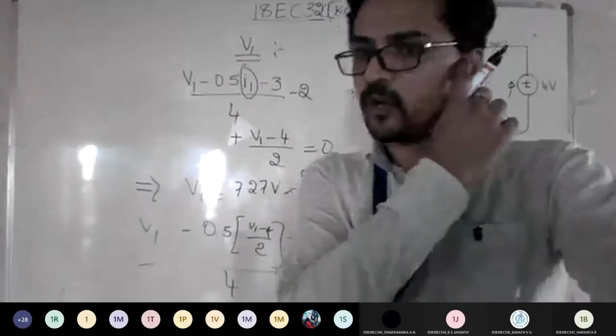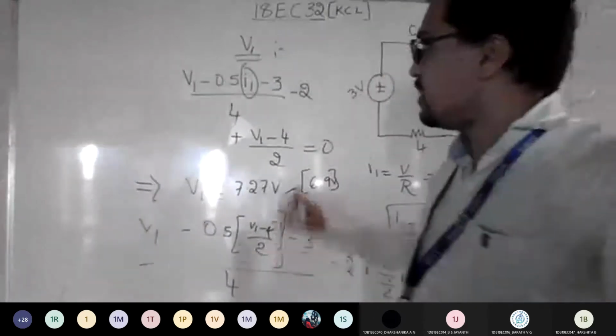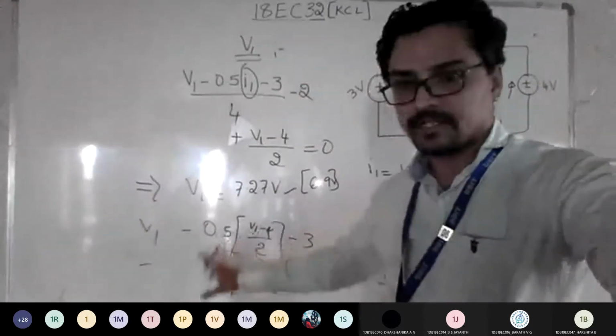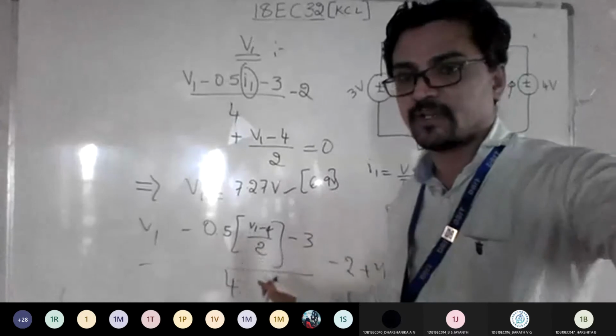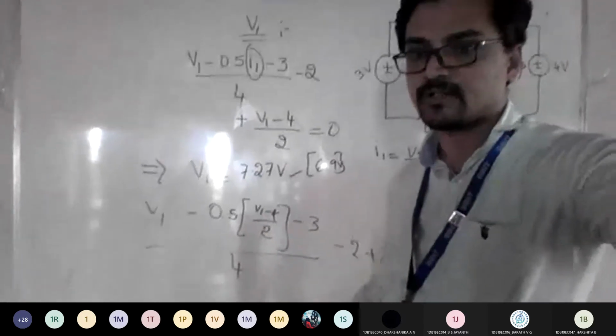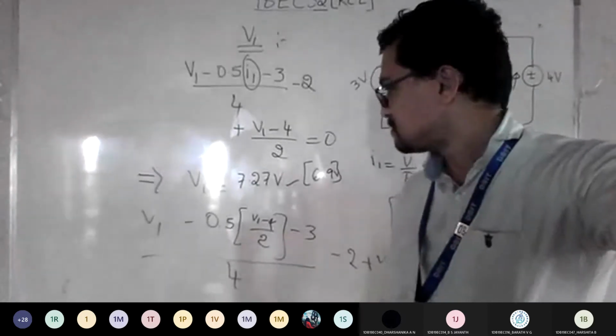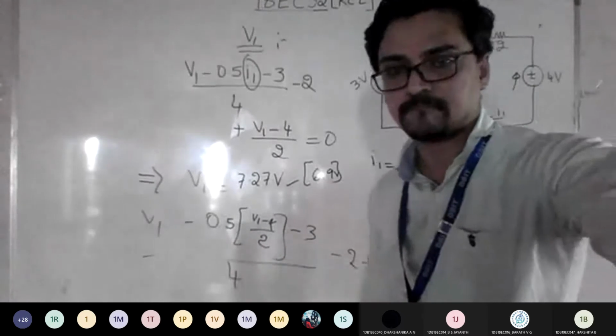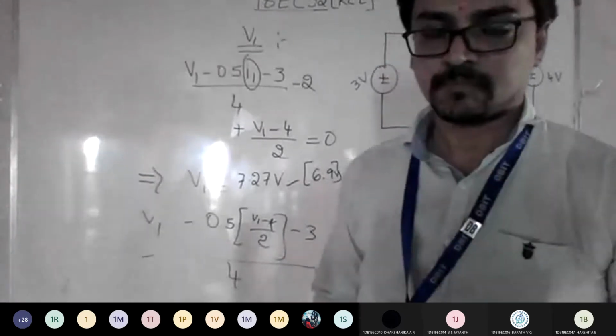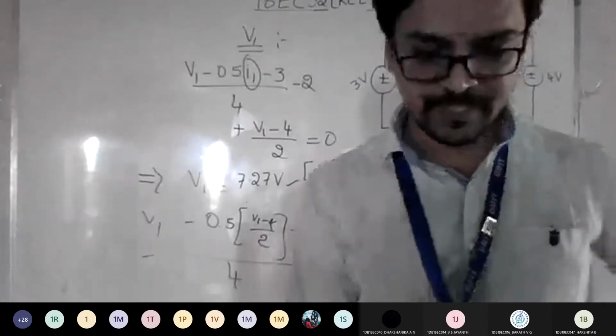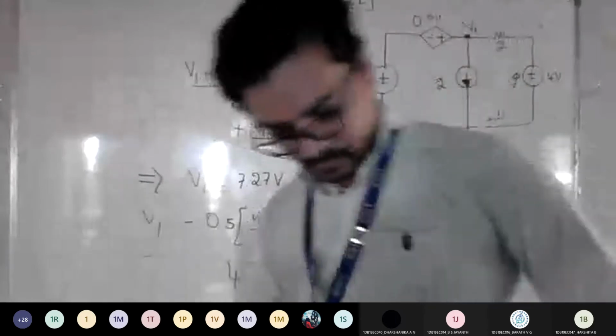Do the simplification properly, don't be in a hurry. So substitute the value of I1, it looks like this. You should simplify carefully because the denominator is also there. Just finish it off and tell me what is the answer.